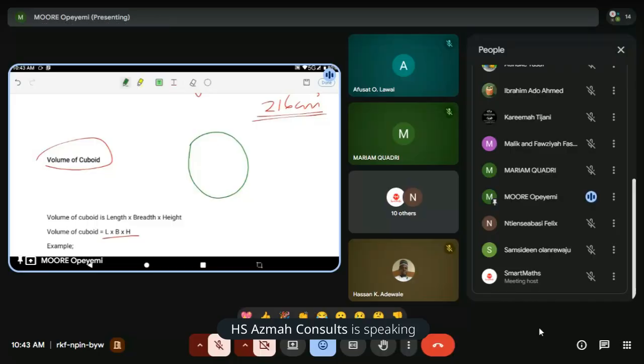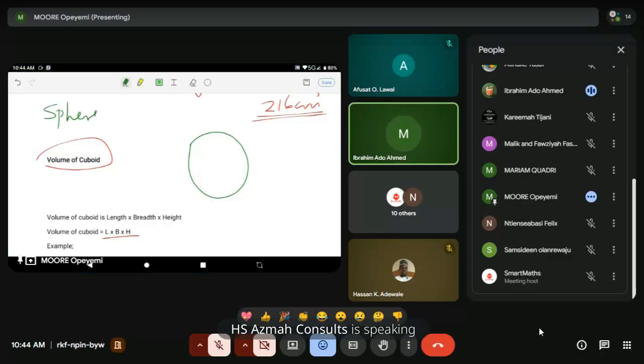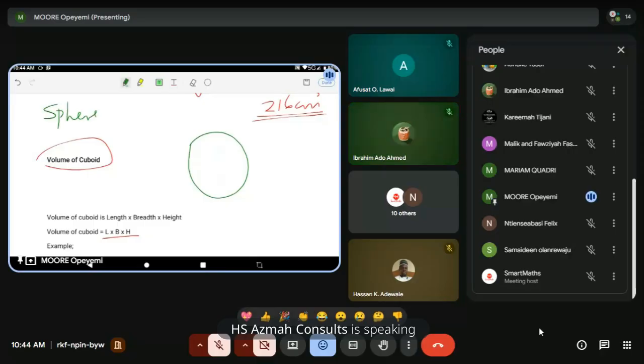So, what is the formula to calculate volume of a sphere? Can somebody try to tell us volume of sphere? Pi r cube. Ah, you try, but it's not correct. Volume of sphere. Can somebody try again? Pi r square. Yeah, you try, but it remains small. Pi d.